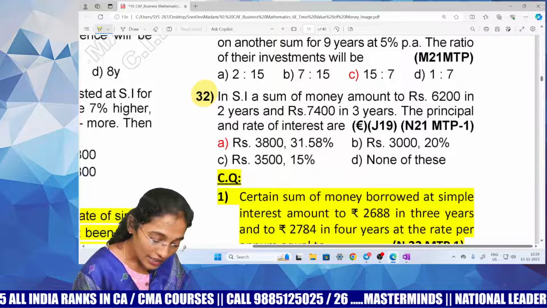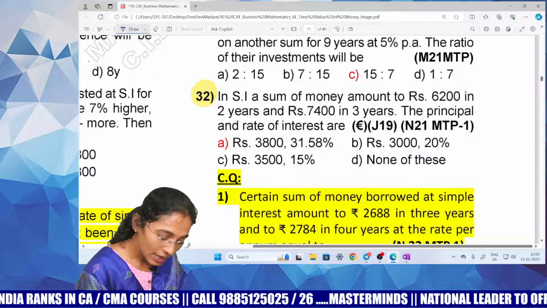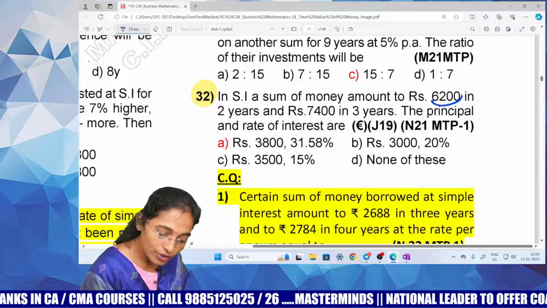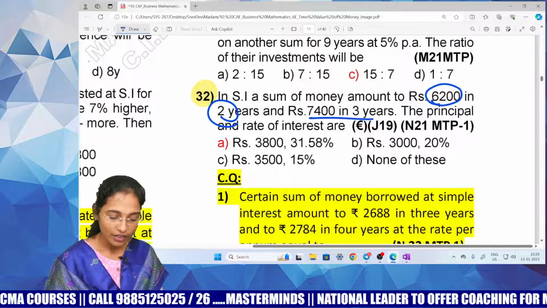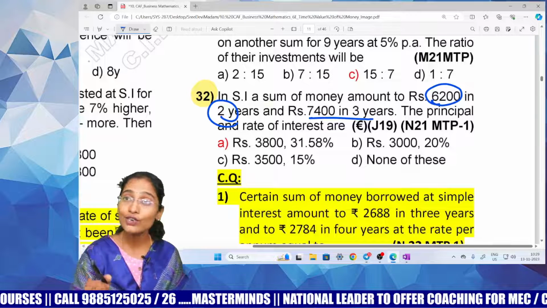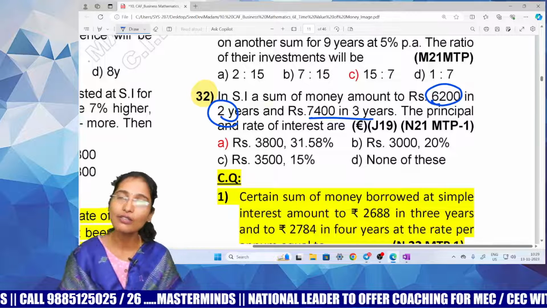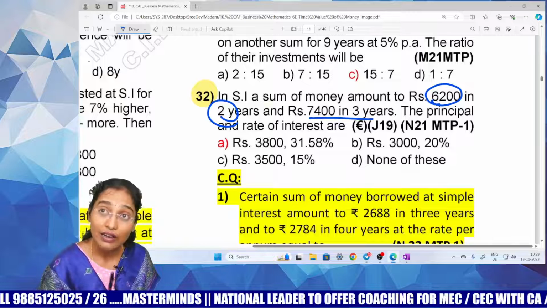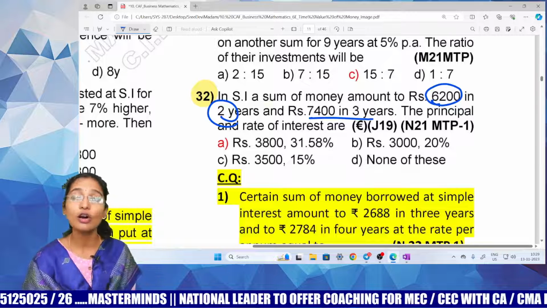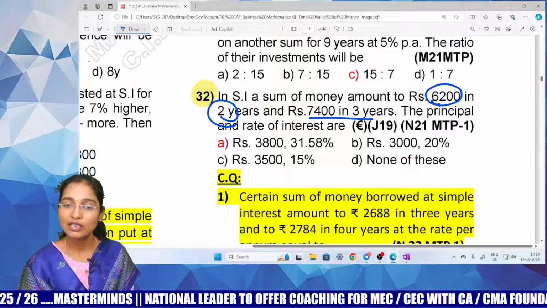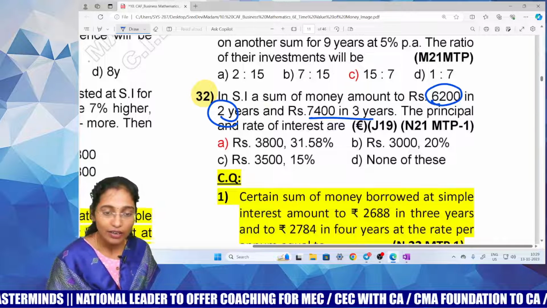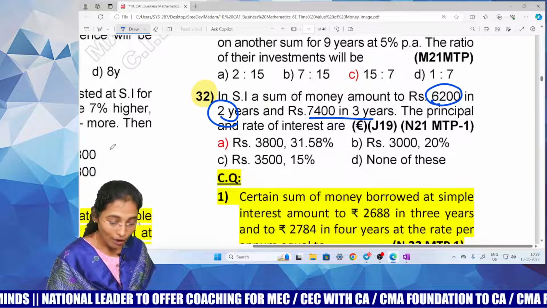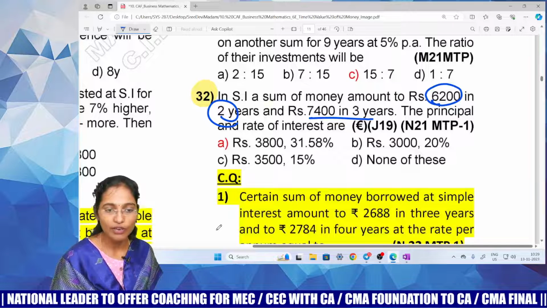Look at this, guys. In simple interest, a sum of money amounts to 6,200 in 2 years and 7,400 in 3 years. So 6,200 is the amount after how many years? 2 years. 7,400 is the amount after how many years? 3 years. The principal and the rate of interest are? So guys, I'll say why option verification is possible for this question.